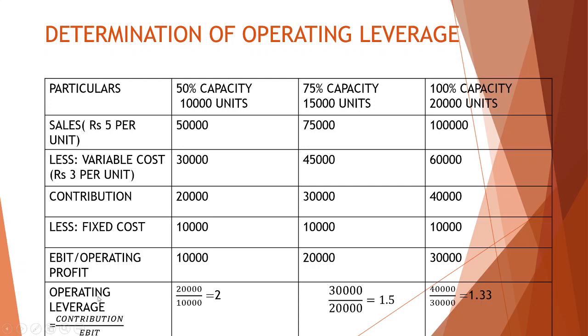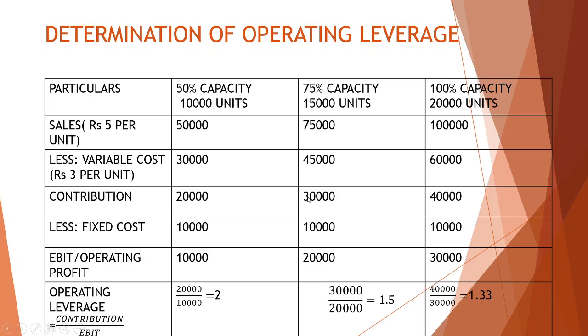So we can find out the operating leverage. So operating leverage is equal to contribution divided by EBIT. 20,000 divided by 10,000, 2 times. Next, second case is 75% capacity. The number of units you have found out, it is 15,000 units. So sales 15,000 into rupees 5, 75,000, less variable cost 15,000 into rupees 3, 45,000.